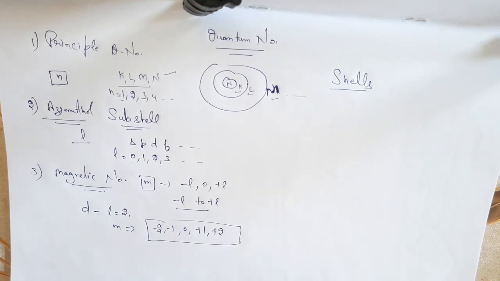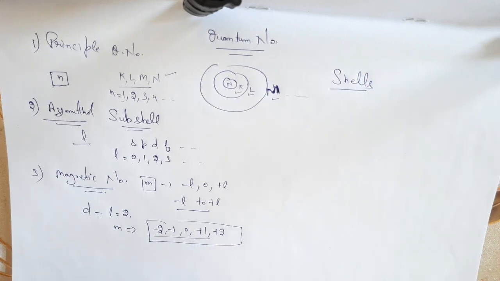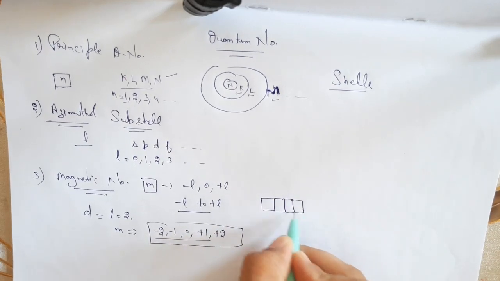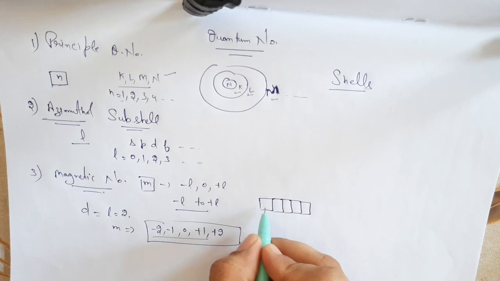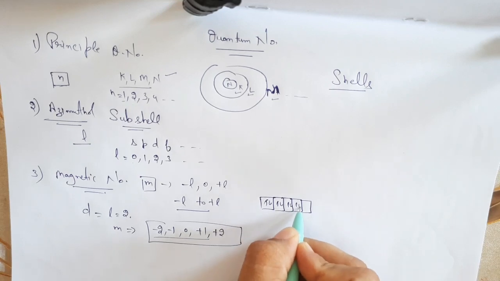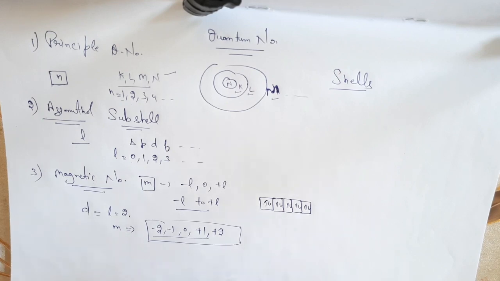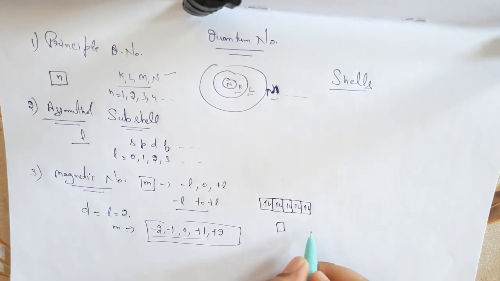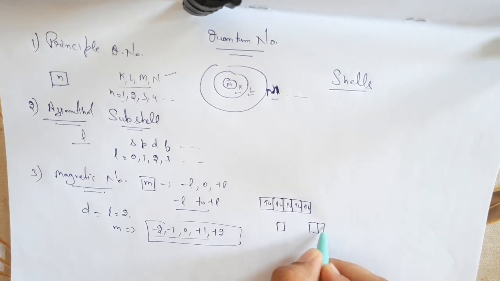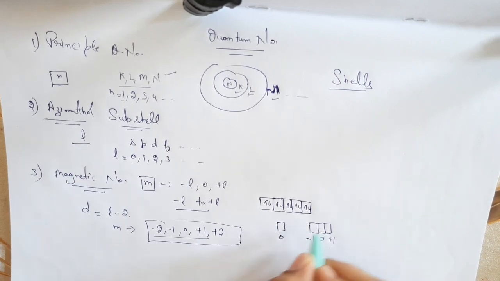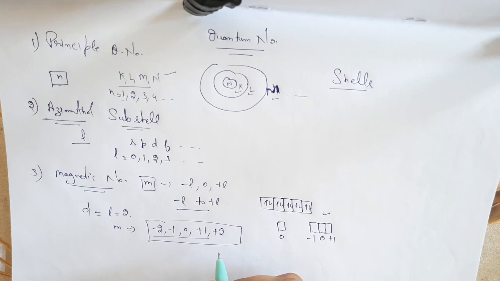These are the 5 values of the magnetic quantum number. These are also known as degenerate states. As we know, the d subshell contains 5 boxes, or 5 degenerate states in which electrons lie. Thus the magnetic quantum number tells about the various degenerate states. The s orbital contains a single degenerate state, whereas the p orbital contains 3 degenerate states, that are minus 1, 0 and plus 1. These are calculated on the basis of the magnetic quantum number.